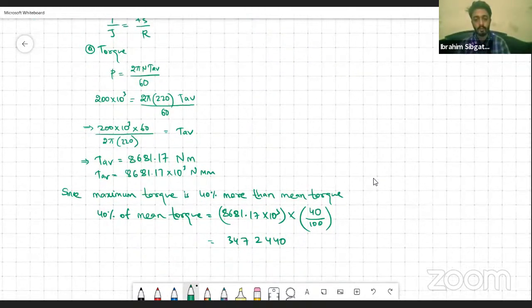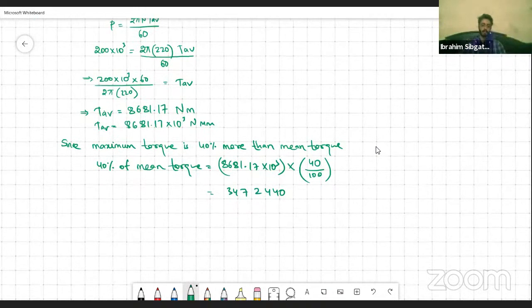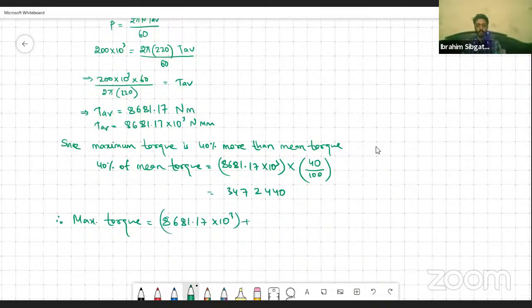Now to find out the maximum torque, therefore maximum torque will be equals to what it is. It is 40% more than the average torque. So average torque into 10 power 3 plus its 40%, 3472440.